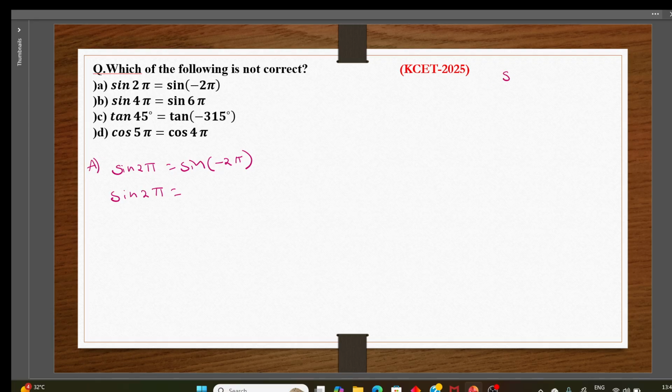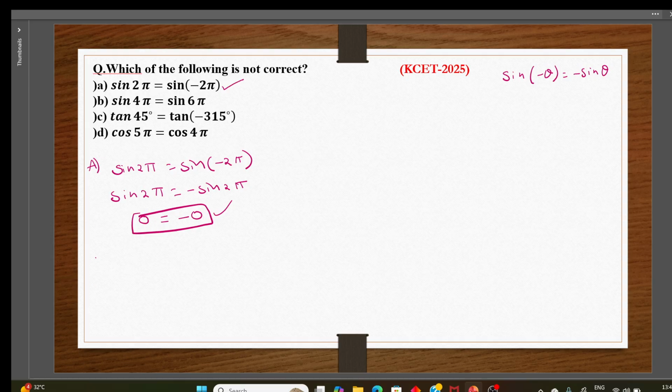We know sine minus theta is equal to minus sine theta, correct? So here it means minus sine 2 pi. What is sine 2 pi value? 0. Minus sine 2 pi value is 0. So 0, 0, both are equal. So this is correct.